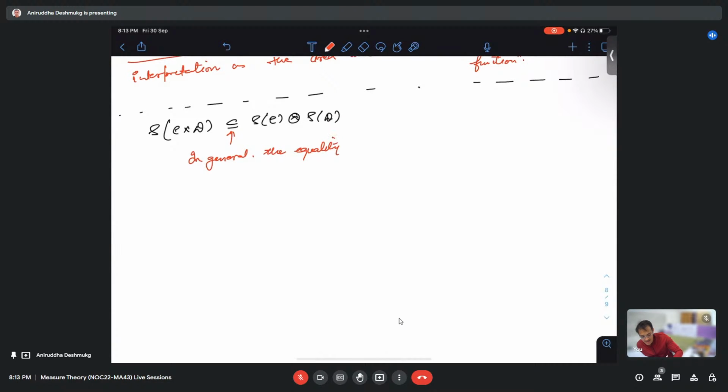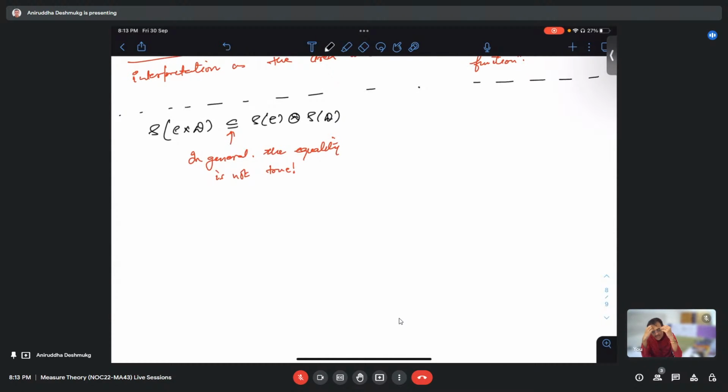So why is that so? It is because S of C cross D is a sigma algebra containing rectangles. On the other hand, S(C) cross S(D) is generated by two sigma algebras themselves. So the problem is, if we start with a bigger set, one may expect that we get a bigger sigma algebra.